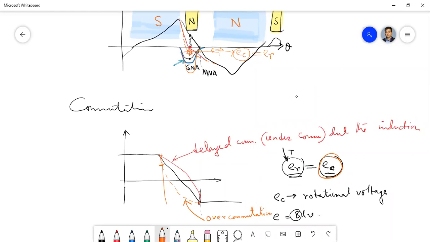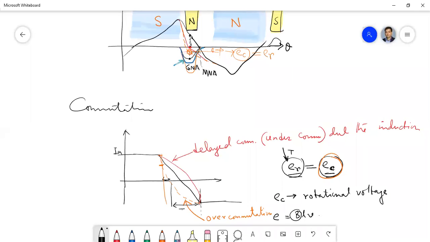That means the other tips of the pole will get sparking. Because if you see here, the change in I and here the change in I is different. Sorry, let me draw again. So here from this IA to 0, so this much time is taken, but from 0 to minus IA longer time is taken.